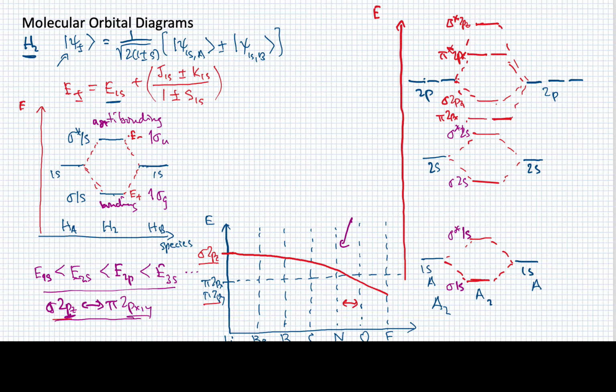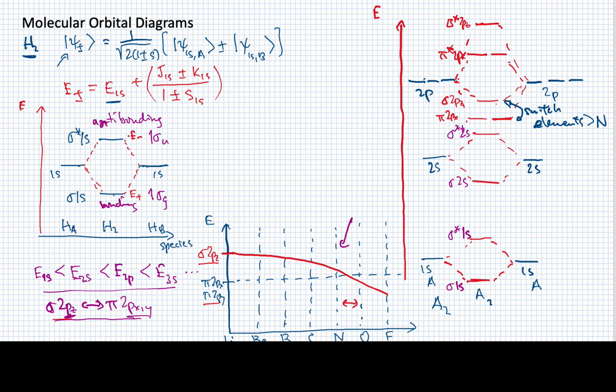So we'll end up with a diagram that looks something like this. The one thing that will change is that when we reach elements that are, say, higher than nitrogen, then these two will switch positions. So when we draw these diagrams, it's important to know where you are relative to nitrogen.